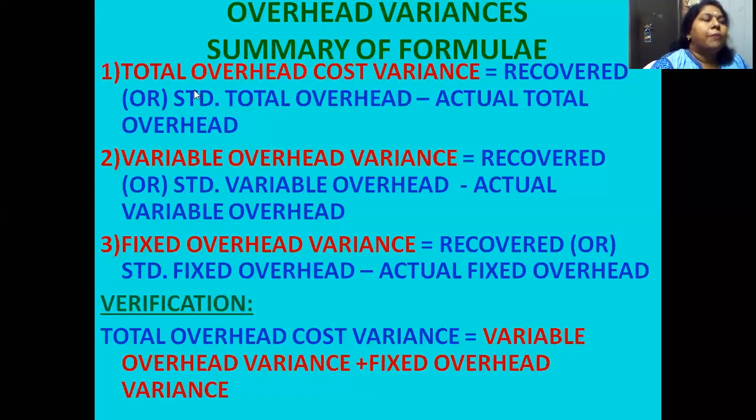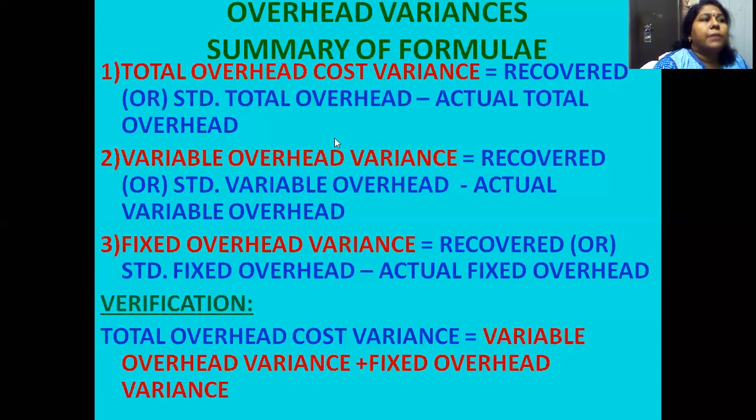The first formula I mentioned over here is total overhead cost variance. How to calculate the total overhead cost variance? We need to compare the standard overheads minus actual total overheads. The overheads may be fixed overheads or variable overheads.